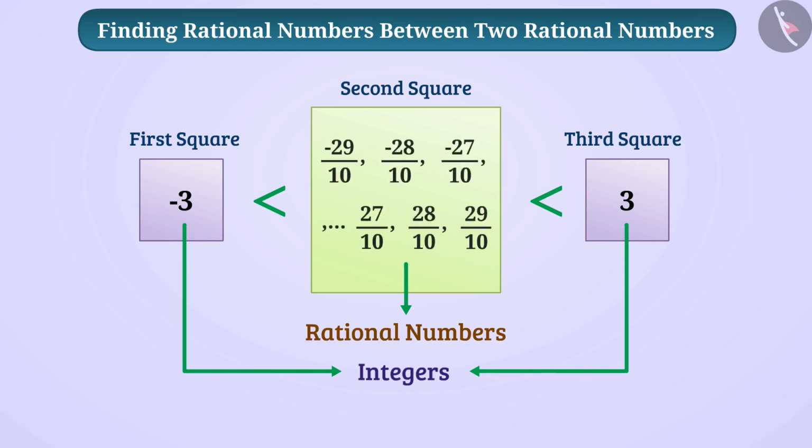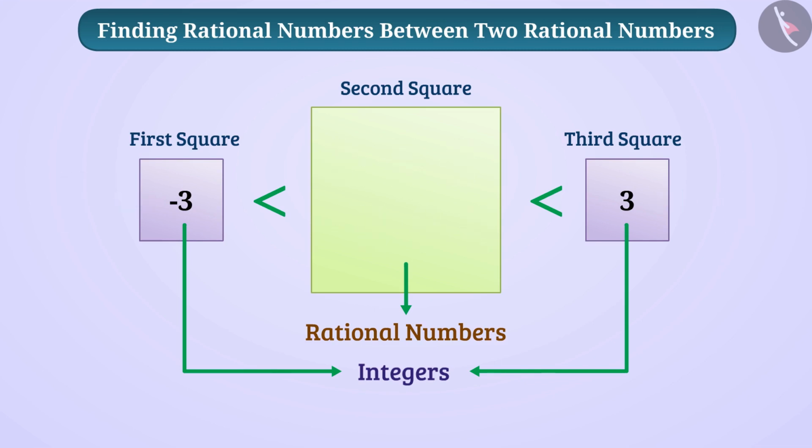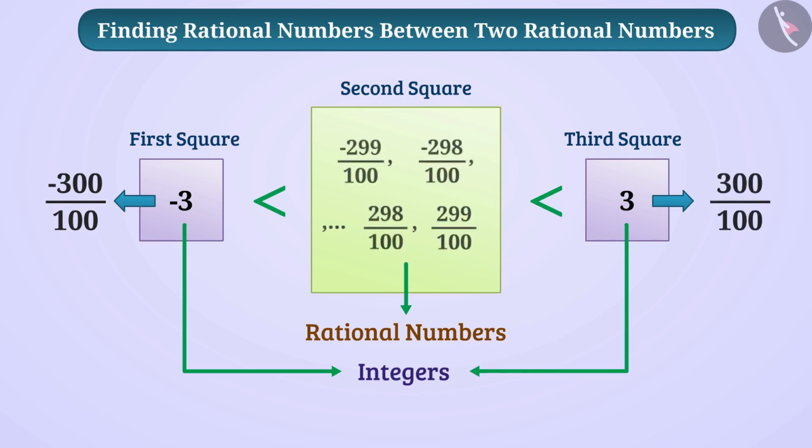Similarly, we can write -3 as -300 divided by 100 and 3 as 300 divided by 100 also. Looking at them, we can now say that rational numbers between them are.